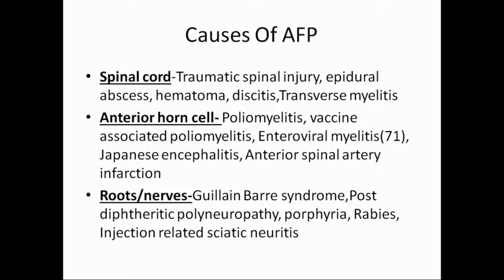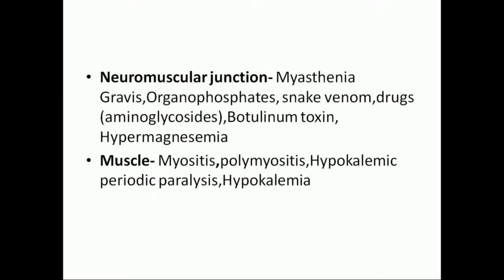This may occur in poliomyelitis, vaccine-associated polio, other non-polio enteroviruses like type 71, Japanese encephalitis, or anterior spinal artery infarction. Now, if the roots are affected, then it also leads to acute flaccid paralysis, for example in Guillain-Barré syndrome, post-diphtheric polyneuropathy, porphyria, rabies, and injection-related sciatic neuritis.